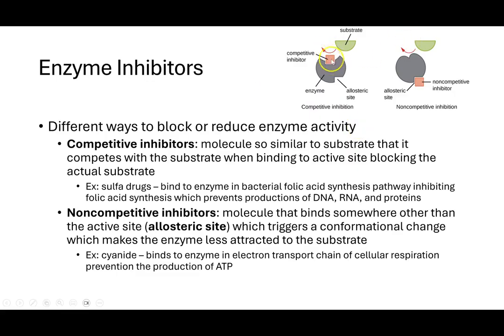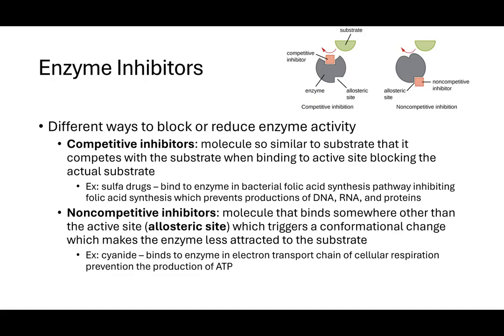The competitive inhibitor just blocks the substrate from coming in, whereas the non-competitive inhibitor binds to that allosteric site, and now the active site changes shape. And so then the substrate doesn't recognize it and is not going to be able to bind. So you still have inhibition, just through a different means.